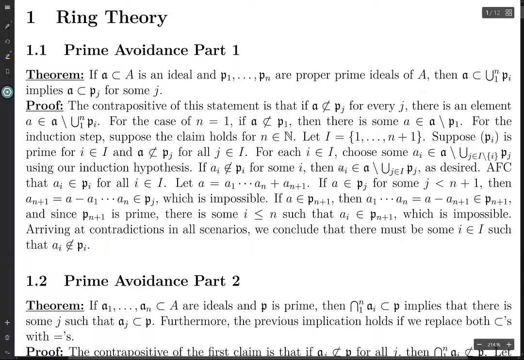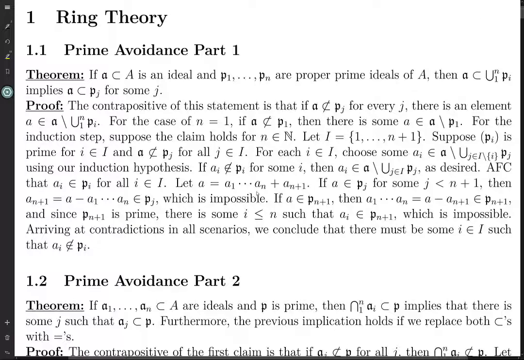That's the desired outcome that we want. Now assume for a contradiction that this doesn't hold for any of the a_i. Now we're going to construct an element a, which is the product of a_1 through a_n, and then you add a_{n+1}.